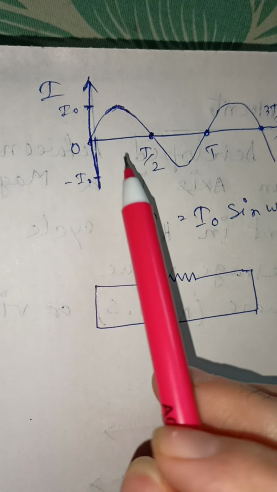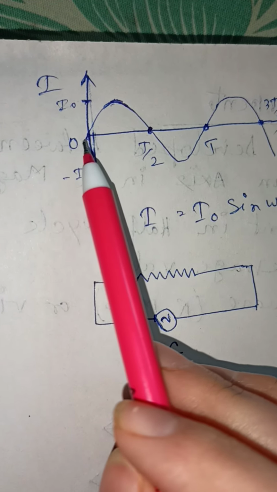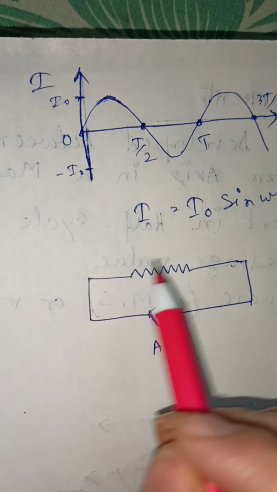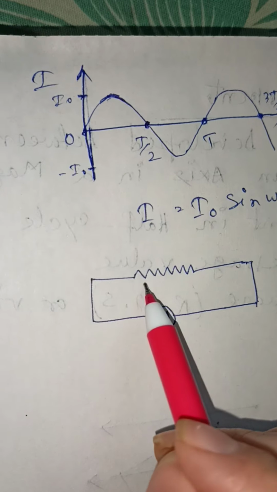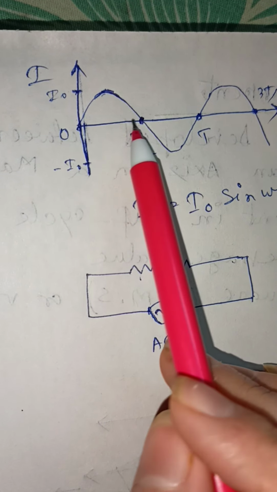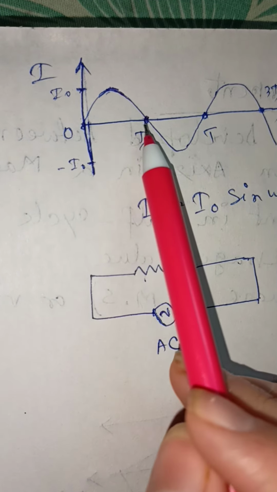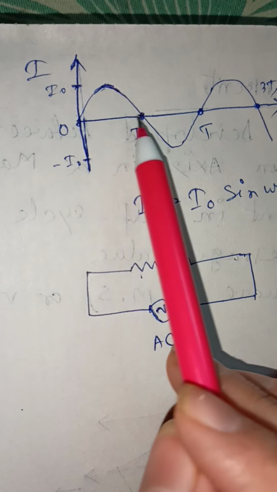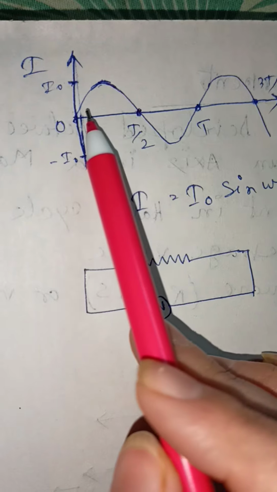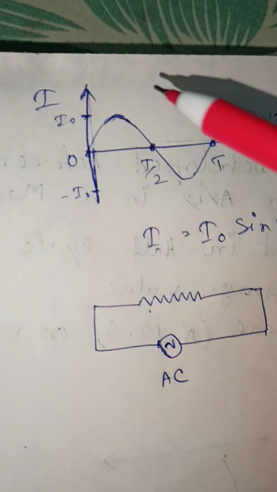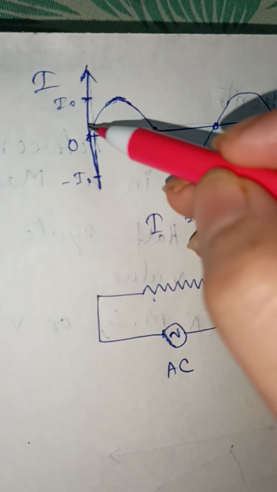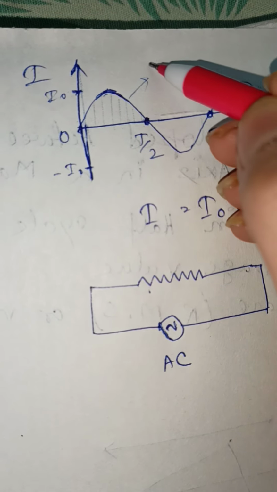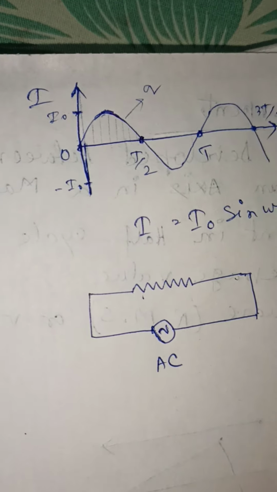Here we want to find the charge flowing through this resistance for this half cycle. Why are we only discussing charge passing through for a half cycle? Because just look here, suppose for this wave the total charge is Q.